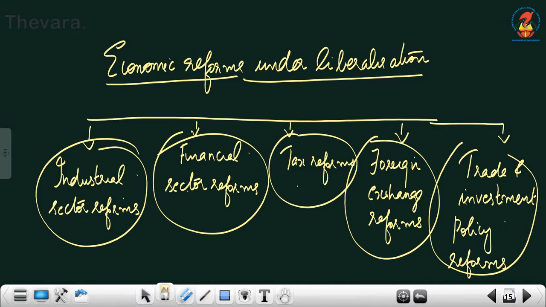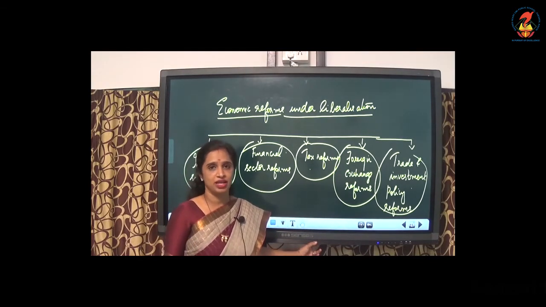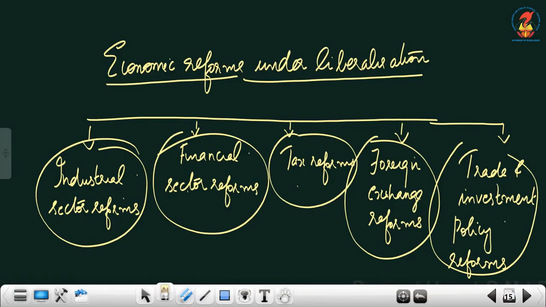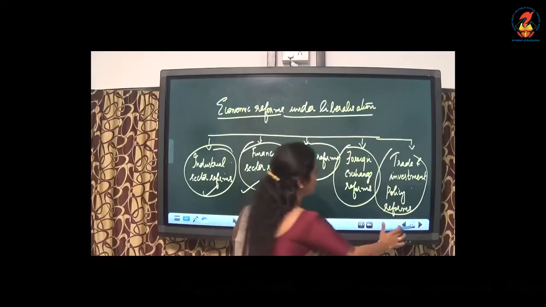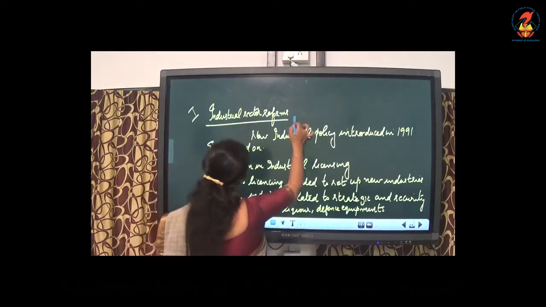In 5 areas, liberalization was granted by the government. Now, in this session, we will concentrate on the first 2 areas of reforms that come under liberalization, that is industrial sector reforms and financial sector reforms. Okay. Now, we will move on to the first one, industrial sector reforms.